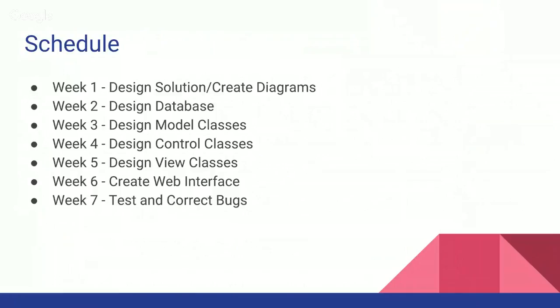So whether it be on a mobile or a desktop environment, you can access the same data. The final week will be any tests and bug corrections that we have to create or do as part of developing this application.